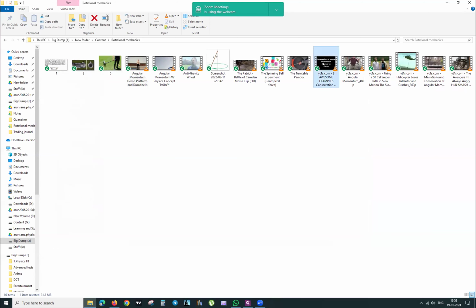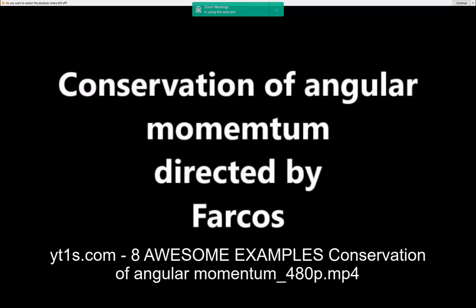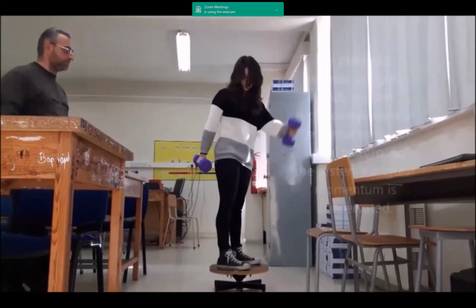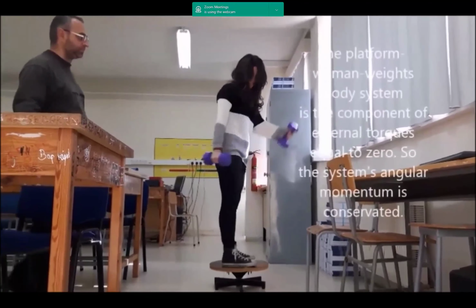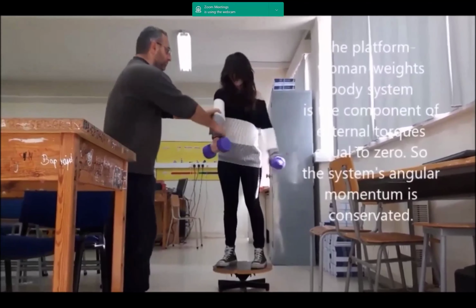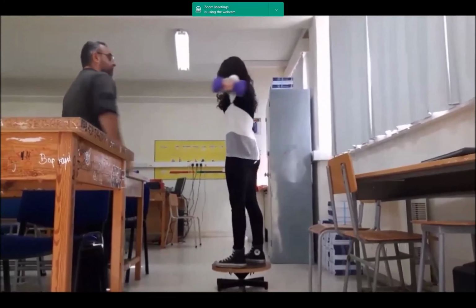Look at this one. This is a very good one. This explains a lot. I'll post this in the group, don't worry. There, we have a student table which can rotate dumbbells. So, hands are spread apart, so I is more. He's rotating.